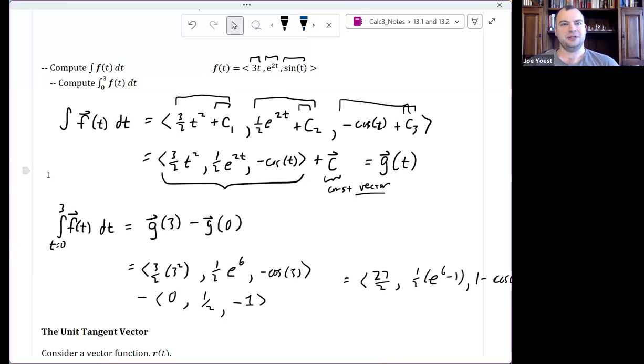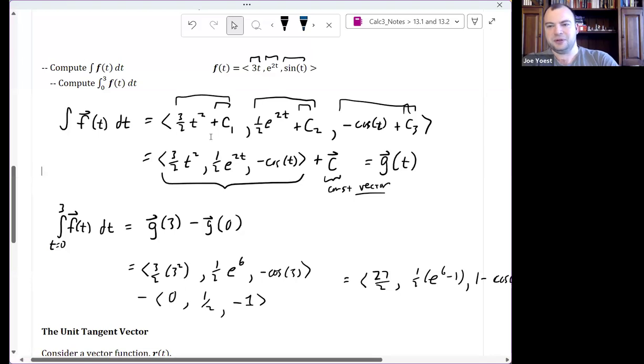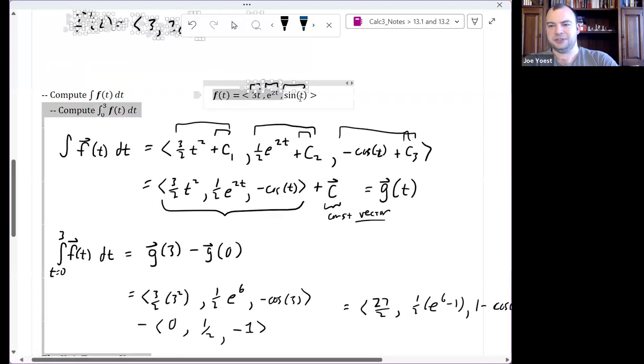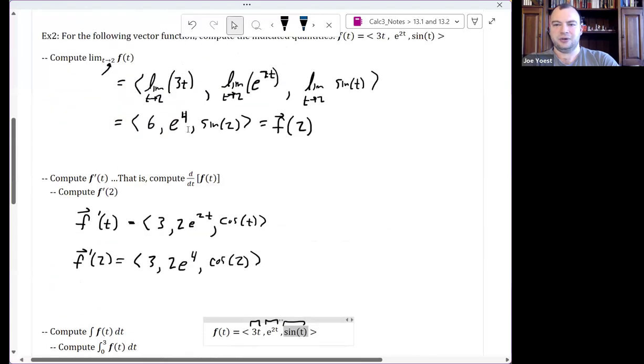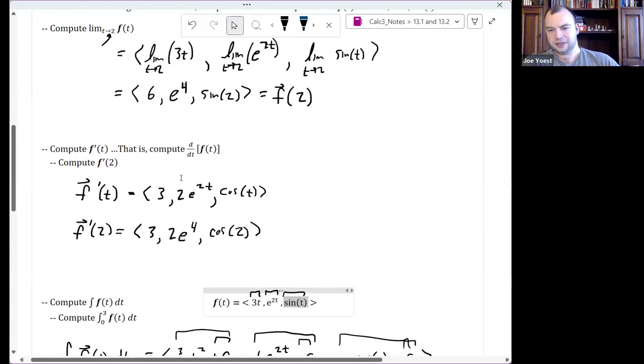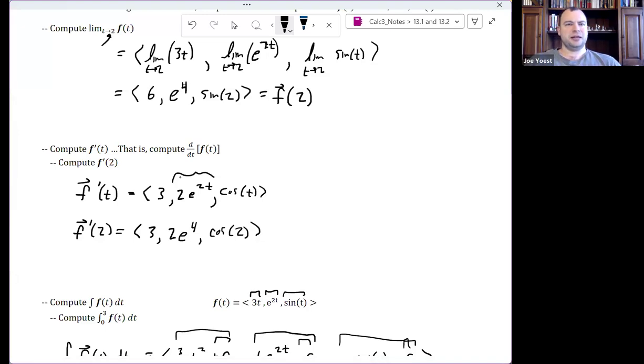If you're finding these challenging, ask yourself, is it the Calc 3 material that's challenging, or is it that I don't quite remember what the antiderivative of sine is, or how to do the chain rule super quickly? So if you're struggling on these, ask yourself, is it the Calc 3 stuff or the Calc 1 and Calc 2 stuff, to know where to really focus your time.